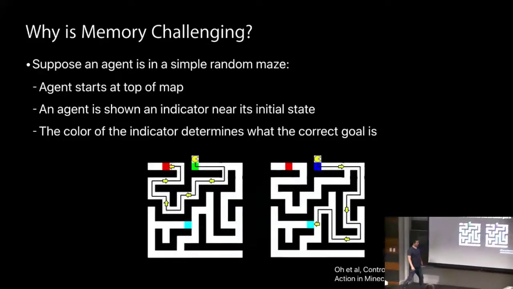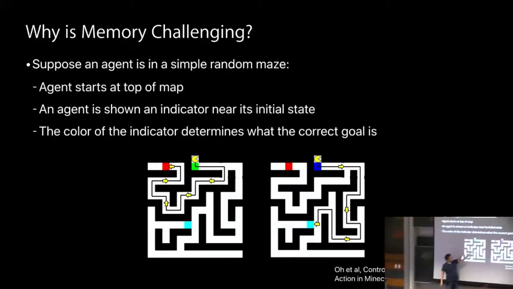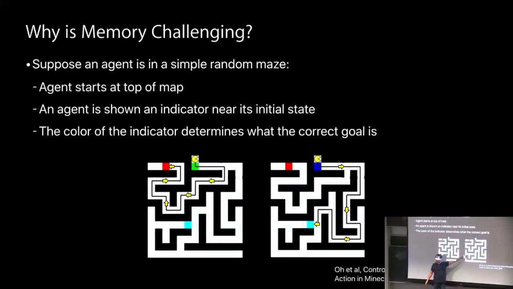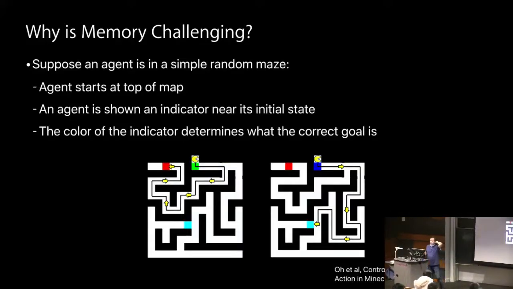For example, if it's a green indicator, I have to navigate to this goal. If it's a blue indicator, I have to navigate to this other goal. So why is this challenging? Well, if I tell my system a priori these rules, if you see green, go to this target, if you see blue, go to this other target, then it's an easy problem.